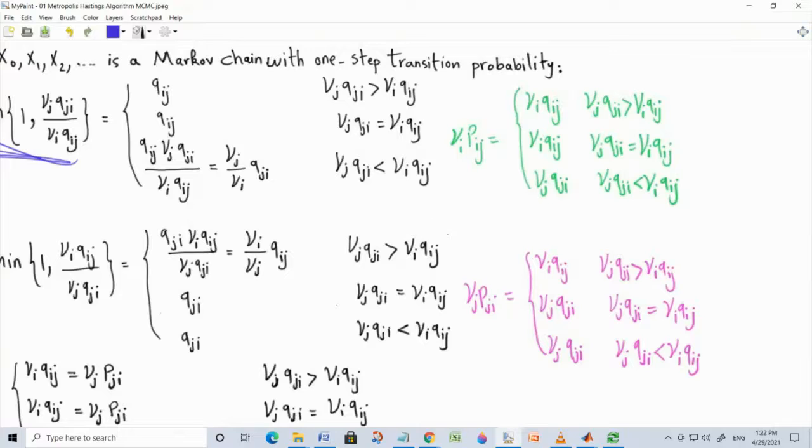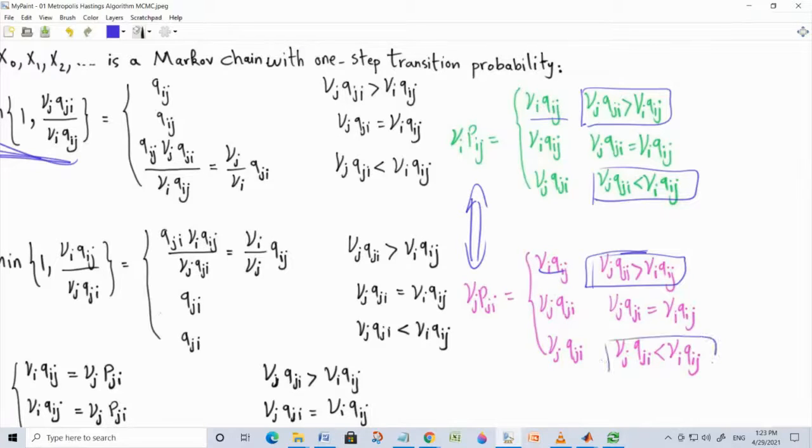Now, here is an interesting thing. If you compare these two, mu_i P_ij and mu_j P_ji, if mu_j Q_ji is greater than mu_i Q_ij, then these two quantities are the same. And if the opposite is true, then the two quantities again are the same.